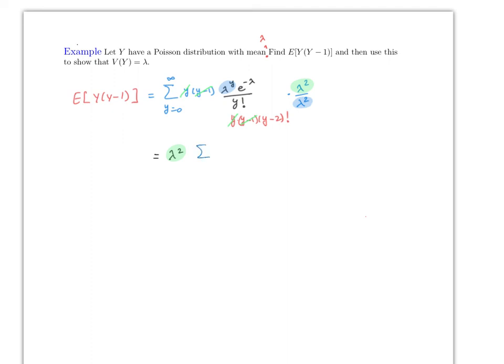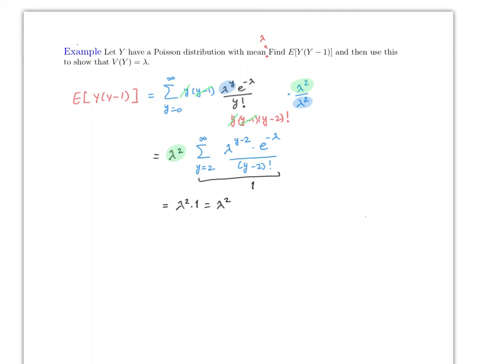Now this will be the sum from y equals 2 to infinity of lambda to the y minus 2 times e to the minus lambda divided by y minus 2 factorial. But all of this is equal to 1 by the definition of the distribution. So this will be lambda square times 1, which is just lambda square.